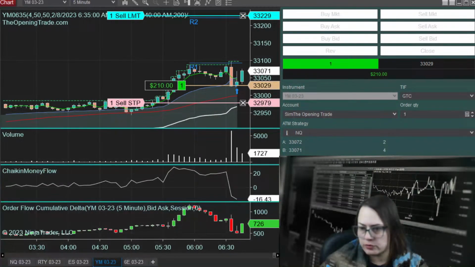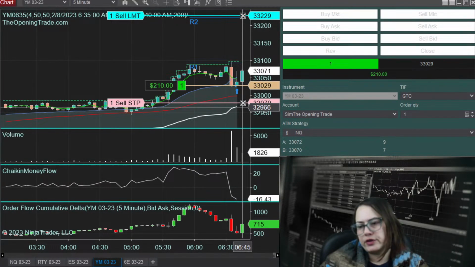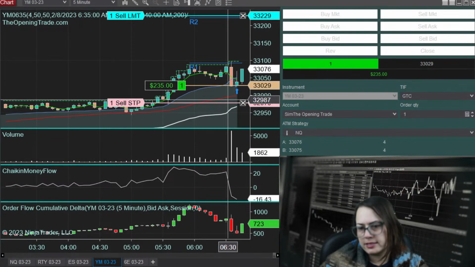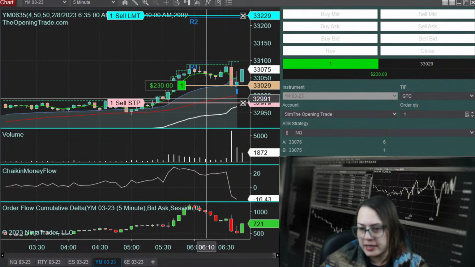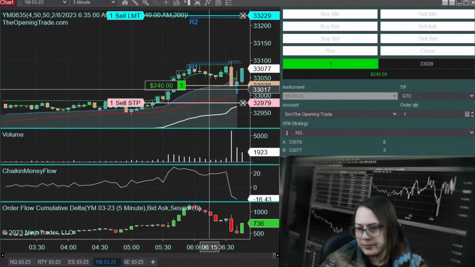All right, so we're still in our automated trade there. At this point, I could turn off the automated trade and bring my stop, take profit line, this pink line, I could move it up.